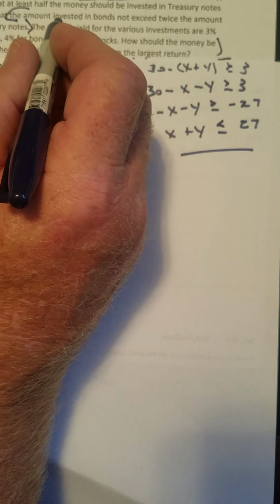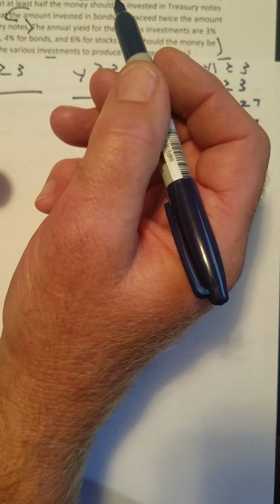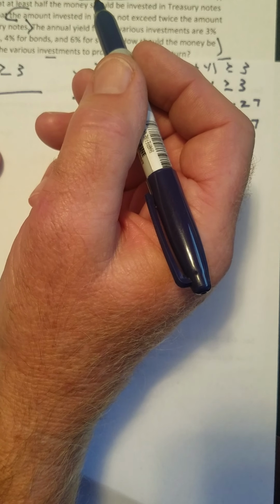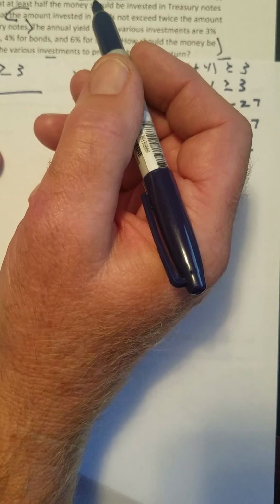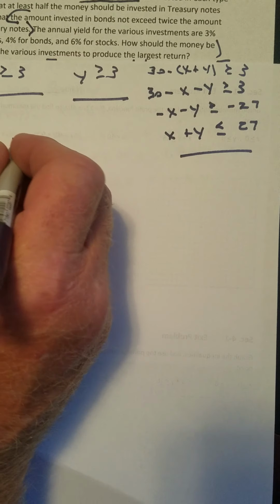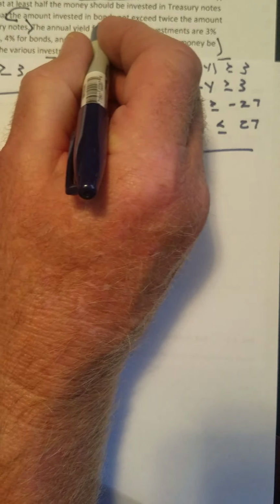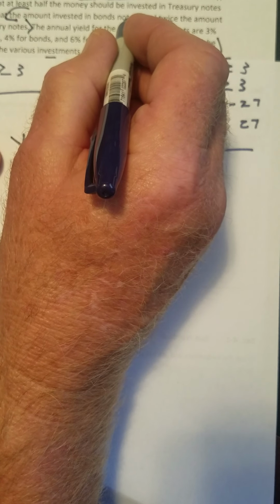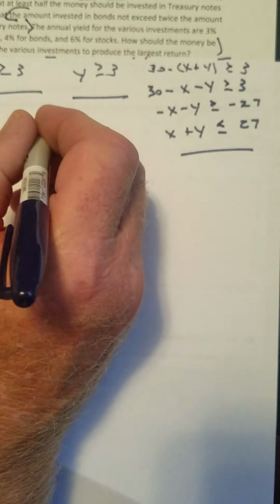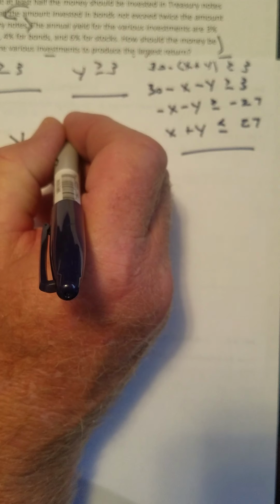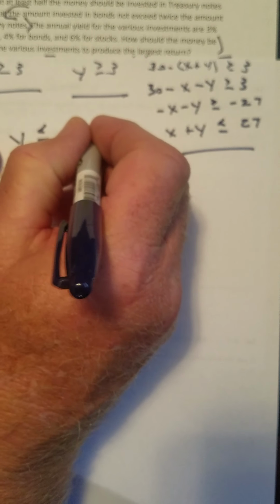The amount invested in bonds, I didn't write them out, but bonds is Y. So the amount invested in bonds not exceed, so that means it's less than or equal to twice my notes, which is X.